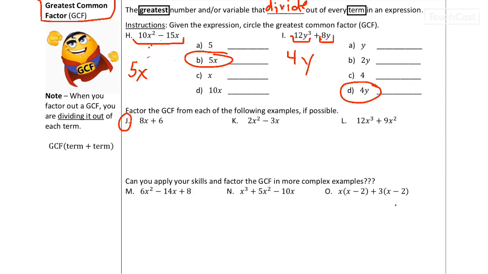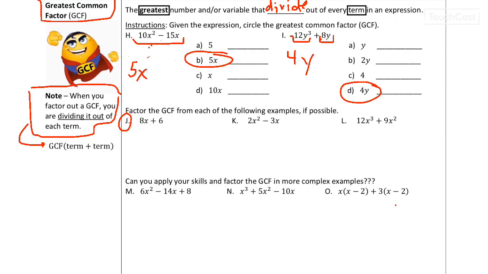In order to do that, you want to make sure you understand this concept here. When we are factoring out a GCF, you are dividing it out from every term. Once you divide it out, we then put it into this format. Okay, so I'm going to do example J and show you how this works.